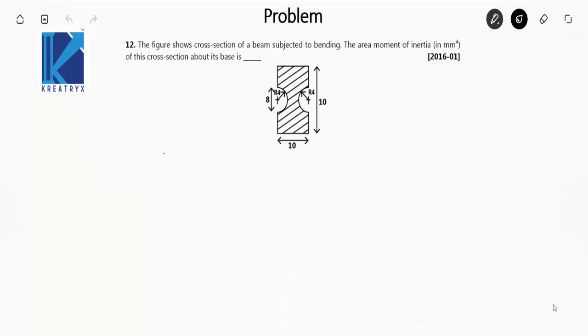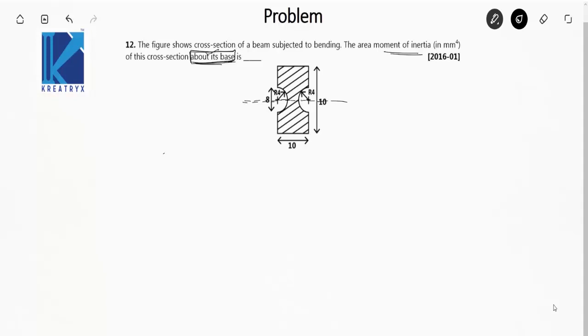In this problem, there's a figure which shows the cross section of a beam subjected to bending. You have to find the area moment of inertia of this cross section about its base. The keywords: about its base, not about its centroidal axis. This is the centroidal axis, because the semicircles cut from this rectangle are symmetrical.